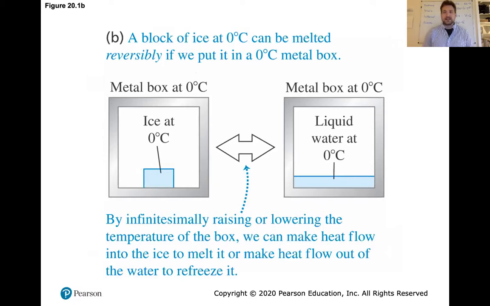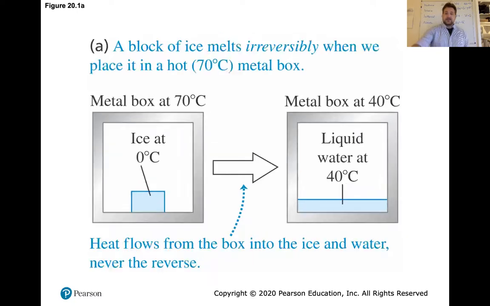Think of this like a stable equilibrium. We can perturb the system from equilibrium a little bit, and then we can bring it back. This equilibrium, well, I guess this is a more stable equilibrium, the box on the right. This metal box and this liquid water at 40 degrees, if we change the temperature of the metal box by some infinitesimal amount, nothing happens.